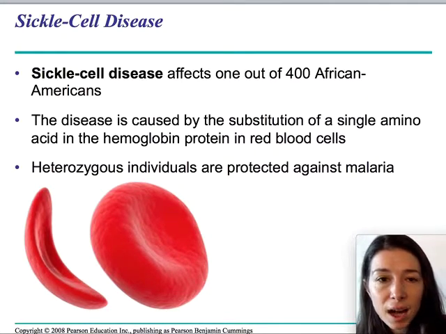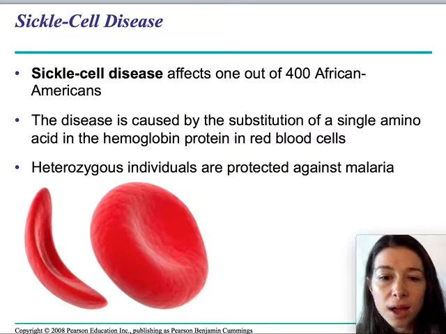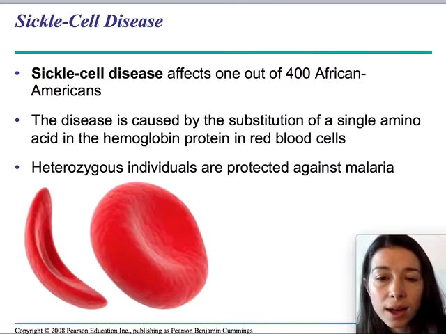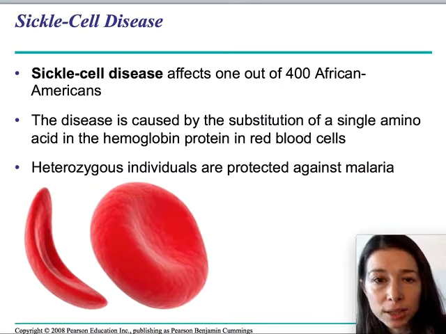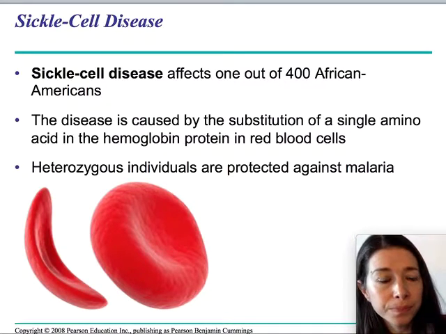So it's not an ideal condition to have. However, because of this particular mutation, individuals that have the sickle cell gene, or one copy of the gene that is mutated that causes these blood cells to sickle, is also protected against malaria infection.